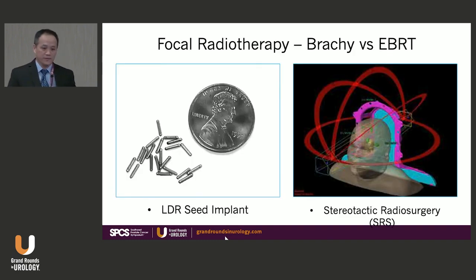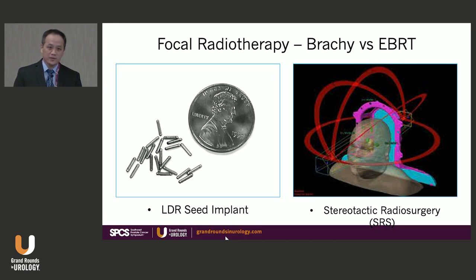First, of course, the LDR seeds. We use this radioactive material that releases low dose photon energy. Their energy will deposit in the target, and they gradually decay and release all the energy and destroy all the tumor lesion. So this is a preferable choice.